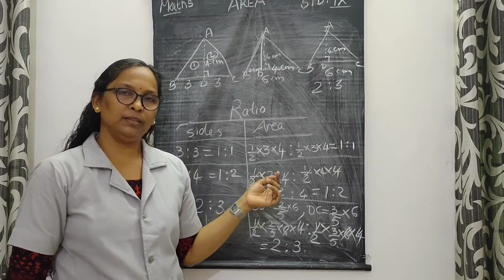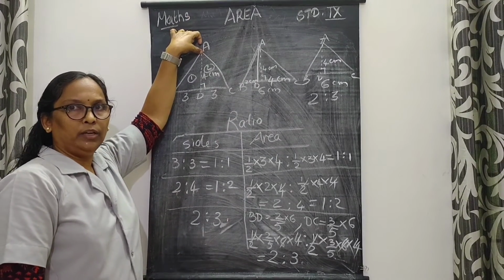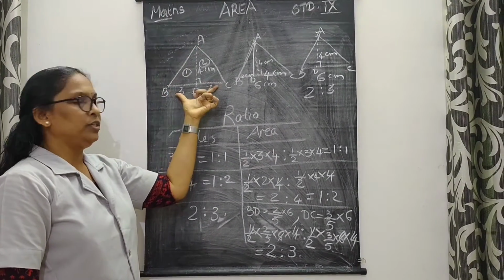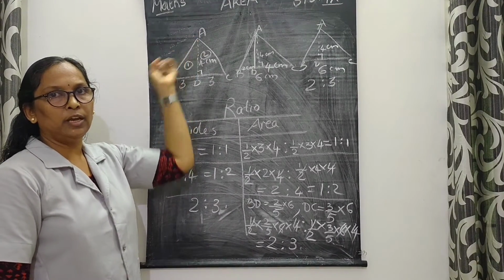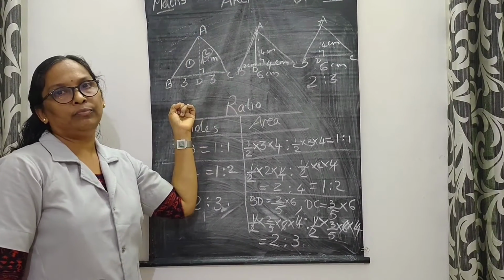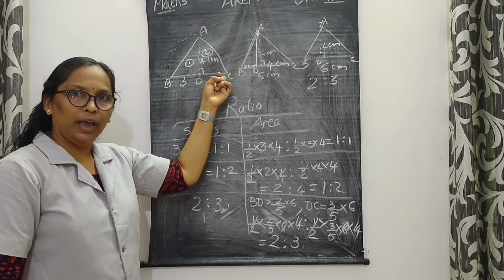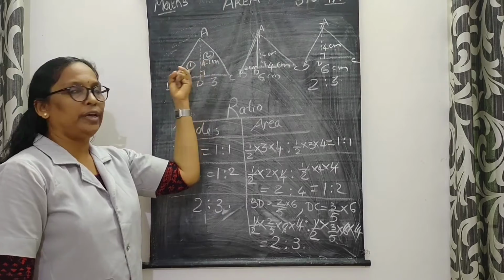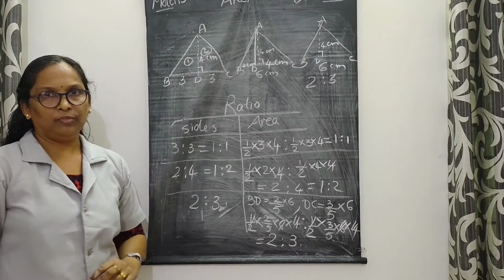That is, a line drawn from a vertex to the opposite side divides that side and the area of these two triangles in the same ratio. That is it.